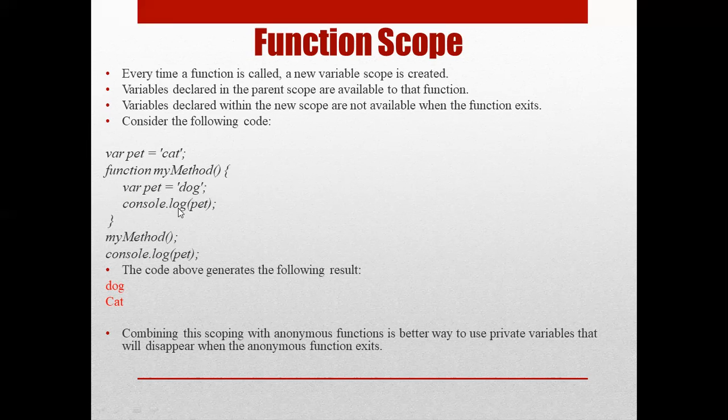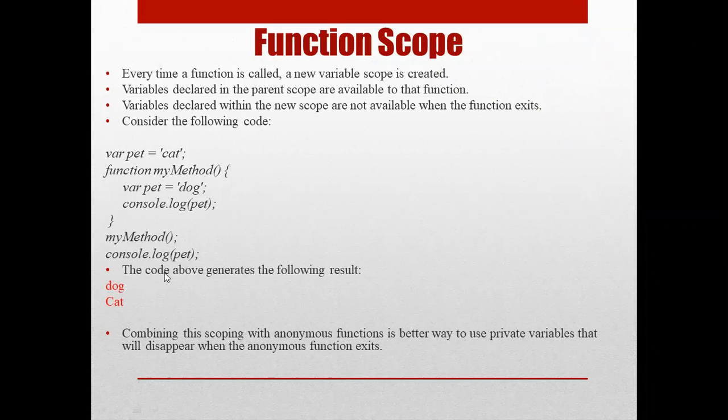Then console.log prints that pet variable with that value. After closing the body of that function, we call the myMethod function. The next statement is console.log pet. So how will this code execute? It will give the output dog and then cat.